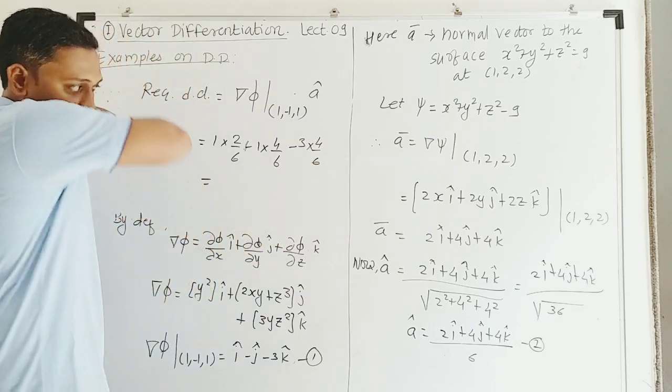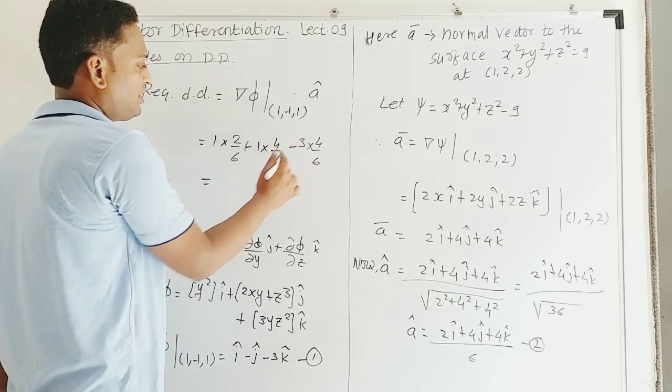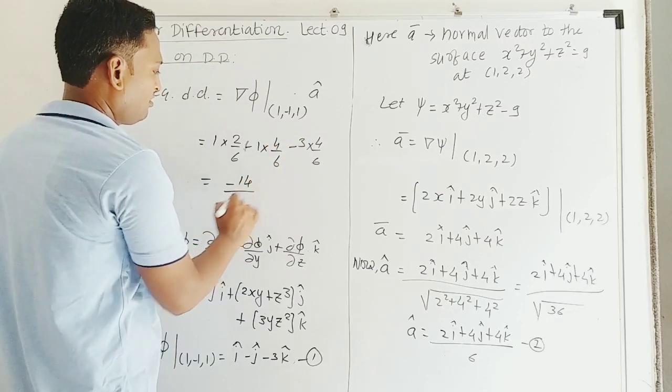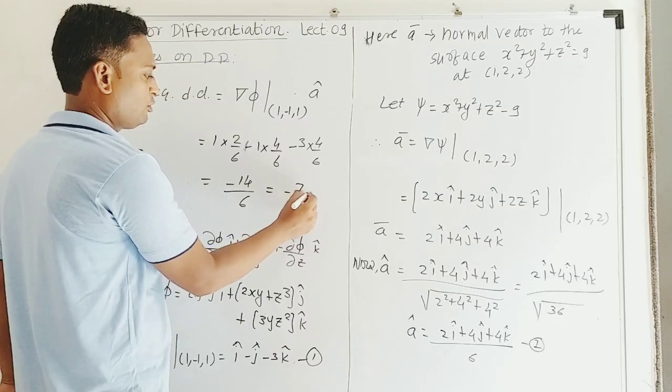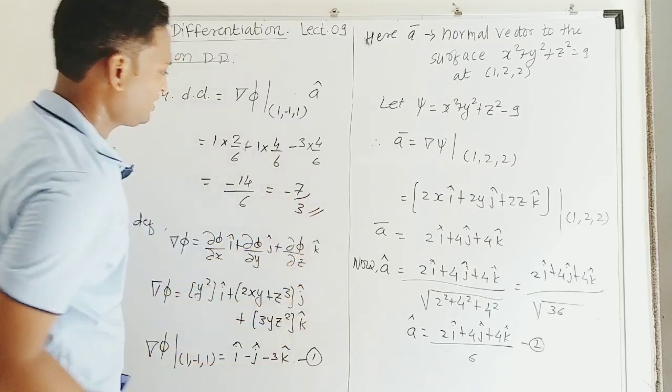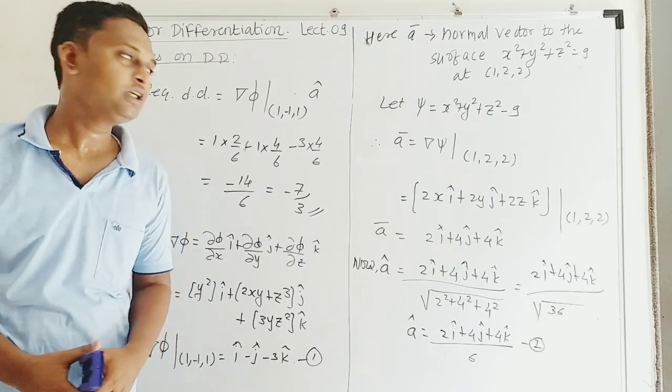So if you calculate this, 2 minus 4 minus 2 minus 12, that is minus 14 by 6, we can simplify it further, so it will be equal to minus 7 by 3. 2 sevens are 14, 2 threes are 6. So the final answer for this problem is minus 7 upon 3.